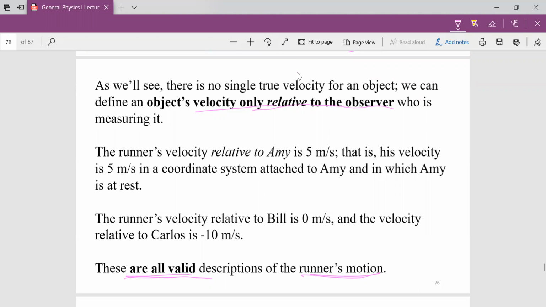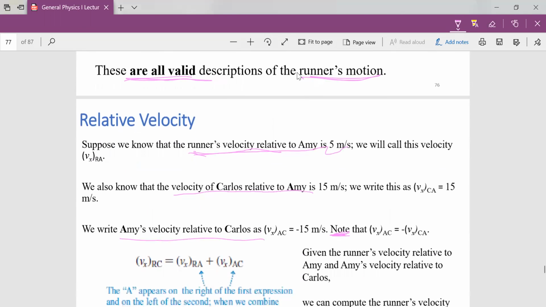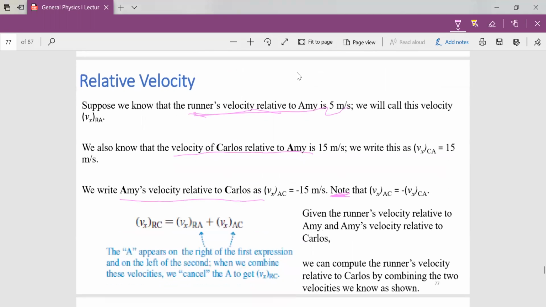We have been describing motion without specifying a reference frame. So we'll have cases where we have to describe a particular motion relative to a reference frame, or describe the velocity of an object relative to the observer that is taking the measurement, which we will see in the last example that I will leave for you to study on your own.